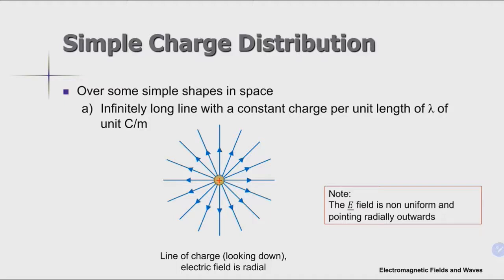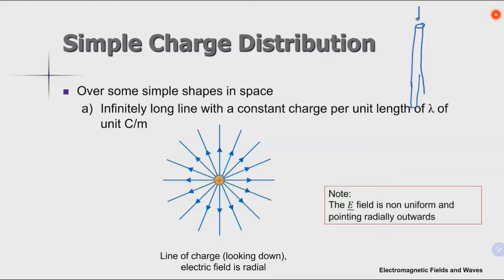Simple charge distributions. If we have a point charge, the electric field is going to point away radially from the point charge. But if we have an infinitely long line with a constant charge per unit length, you can think of this as, and this is just looking down here, okay?